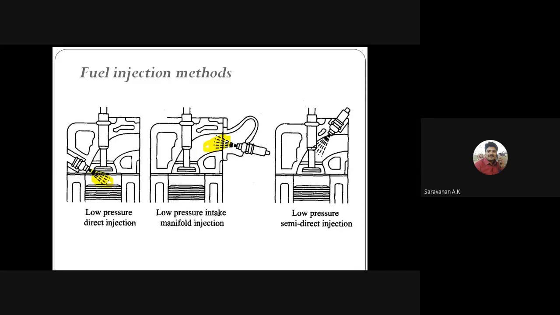One is the continuous injection and one more is the timed injection.